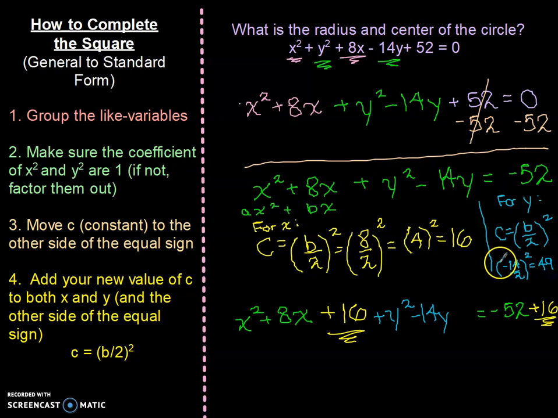If you plug this into the calculator, make sure that the negative 14 over 2 is in parentheses and the square is outside. Otherwise, it'll come out as negative 49. Keep in mind in this case, c will always be positive because when I square a value, it's always positive. So I will put plus 49, and again, to balance it, whatever I do to one side, I do to the other.